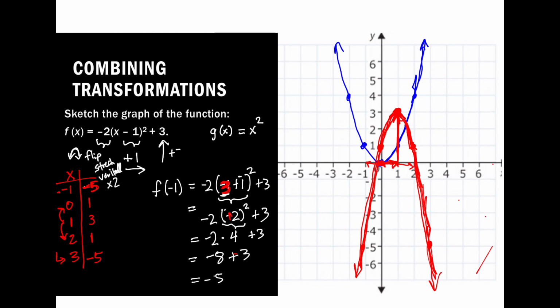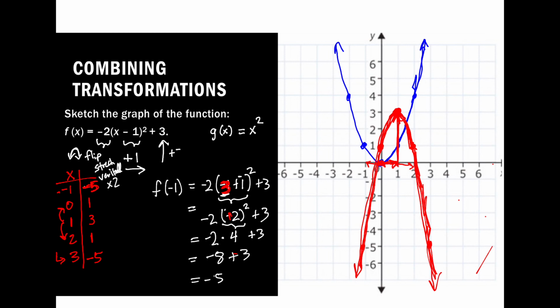So the long and the short of this is we want to think about what is being done to my equation. What kind of transformations took place by looking at what we did to the x before we squared it or took the absolute value of it or took the square root of it or what have you. We always do something to the x that's significant, that makes it the type of equation that it is.